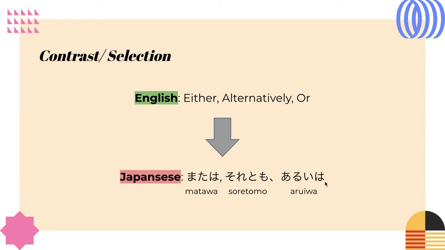Also, these are just the 3 examples that I chose from all the options. There are other ways to demonstrate contrast and selection in Japanese, but these are the main 3 that you would use commonly.